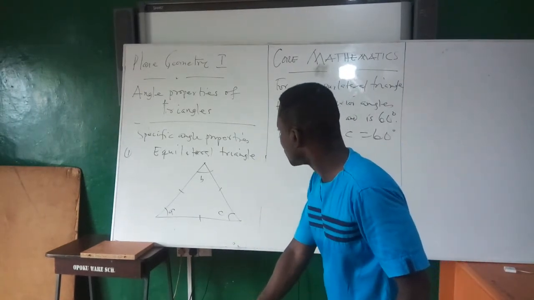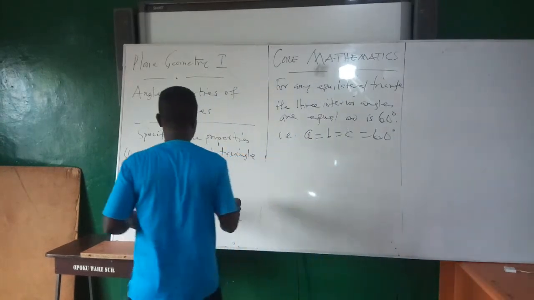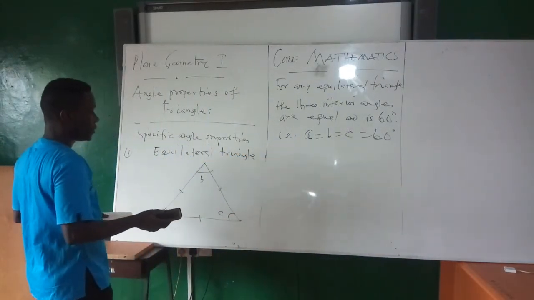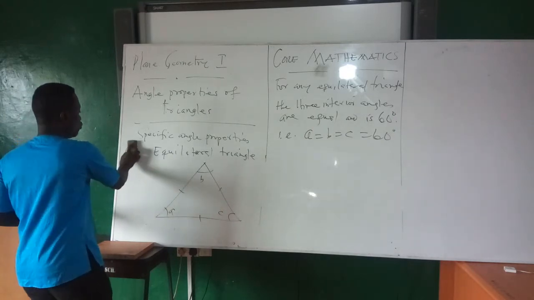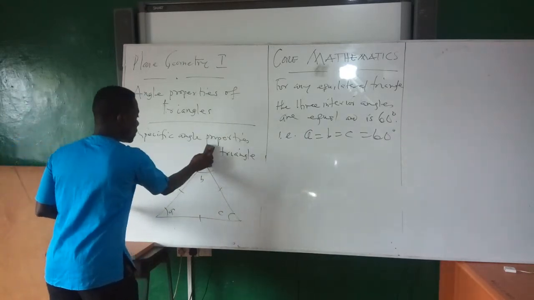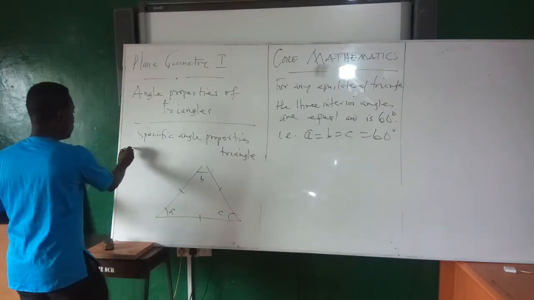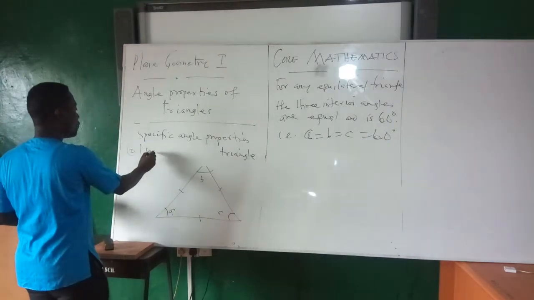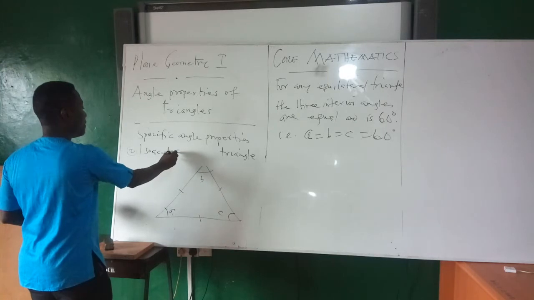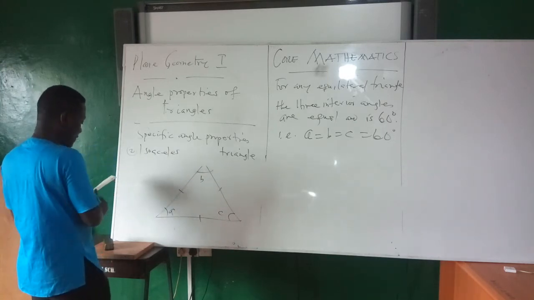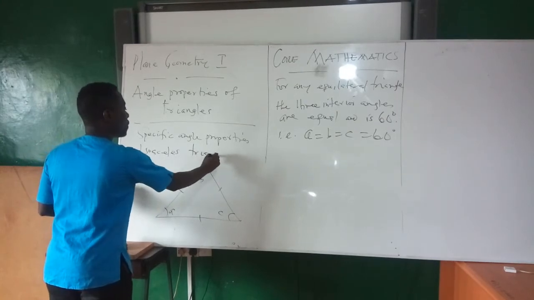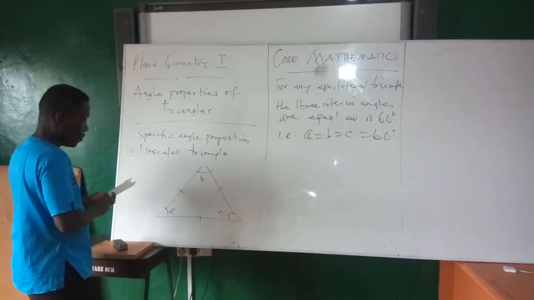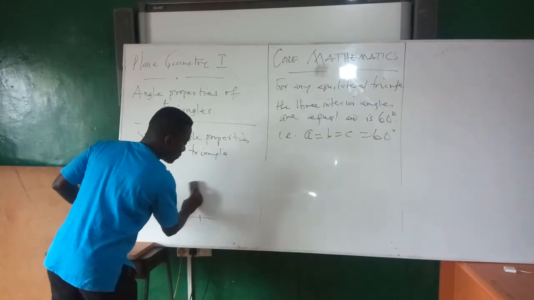Now, let me quickly touch on the isosceles triangle, number 2. What is an isosceles triangle?